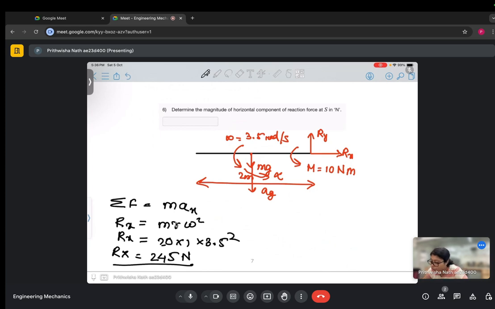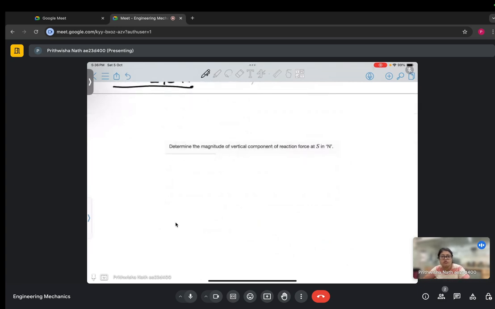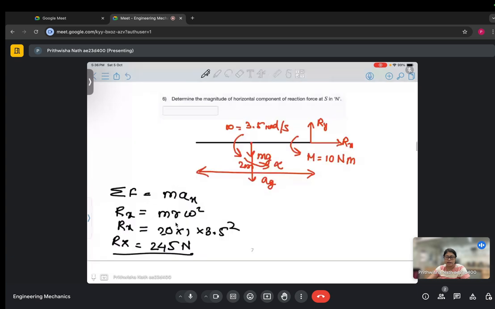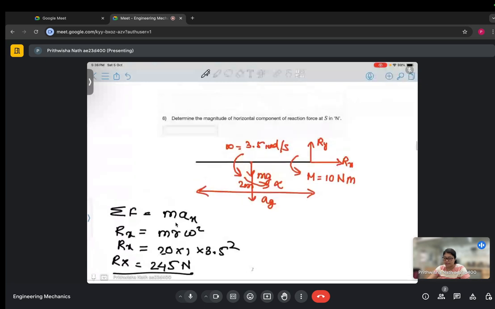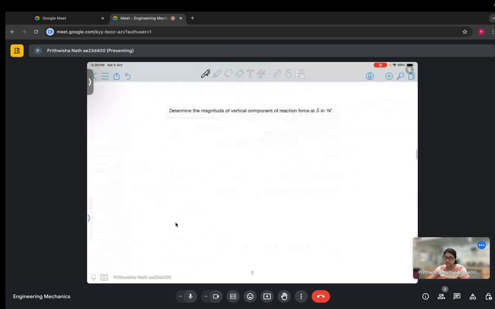Now moving on to the next part of the problem. Determine the magnitude of vertical component of reaction force at S. Now what is the vertical component? It is nothing but Ry. We need to compute Ry. So how can we find Ry?